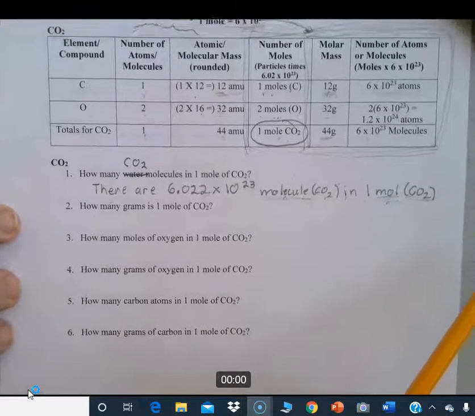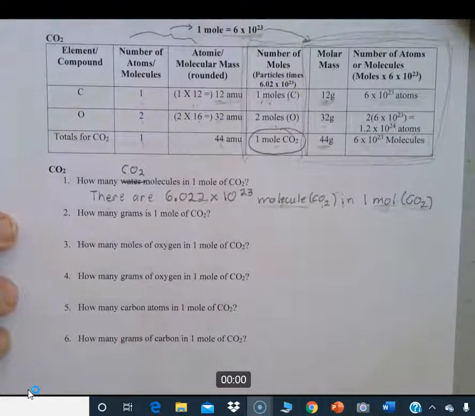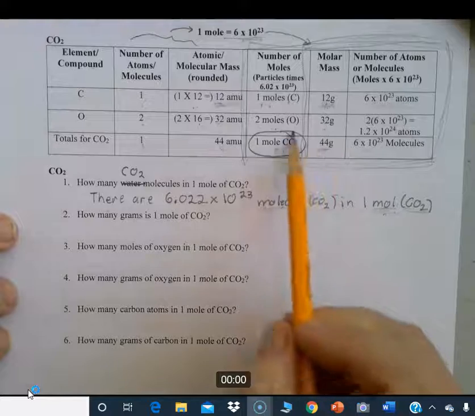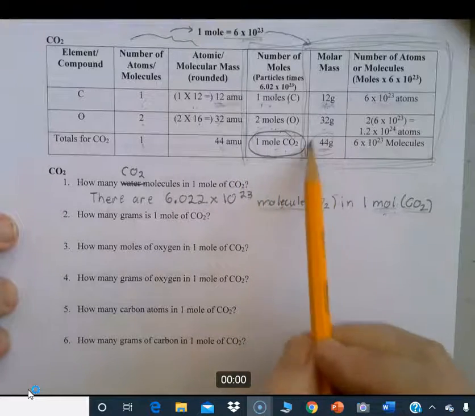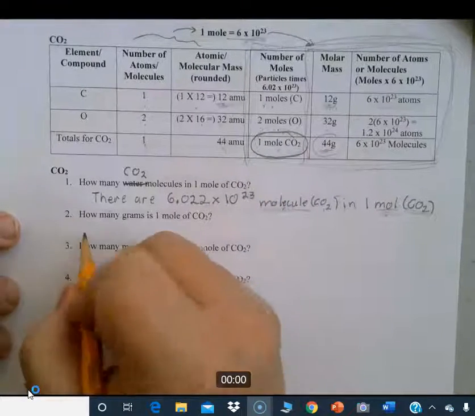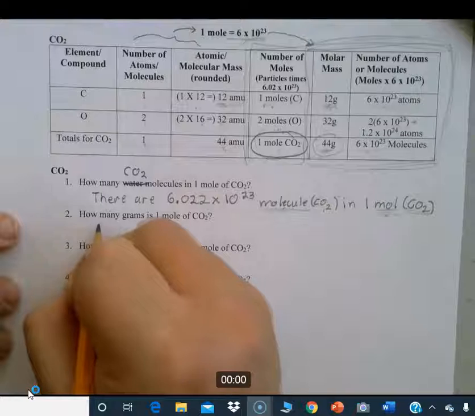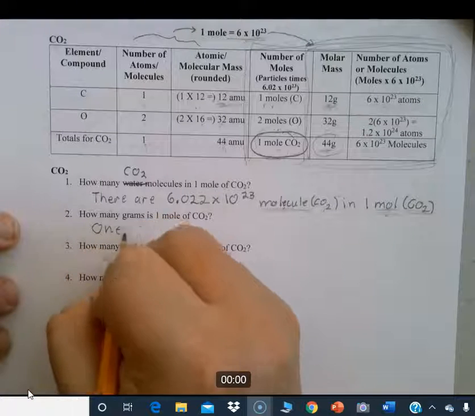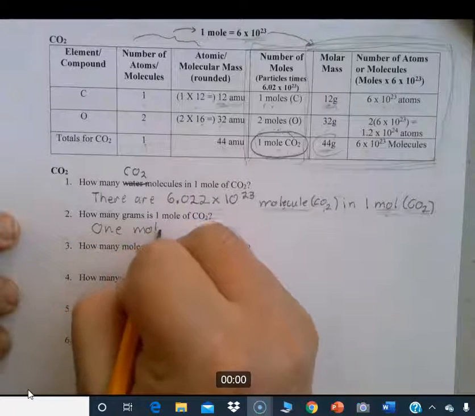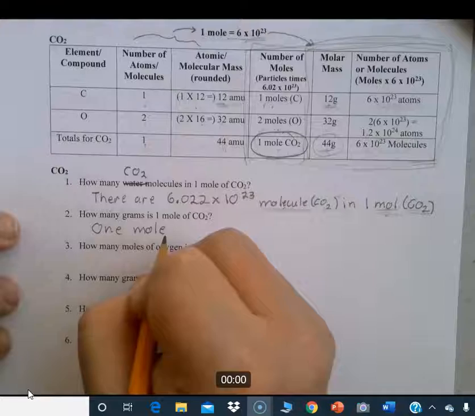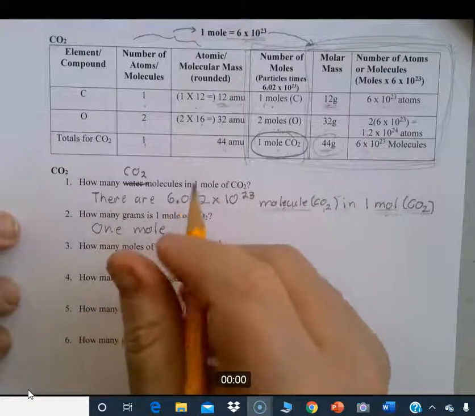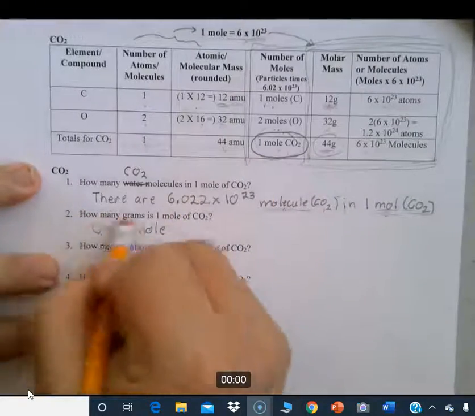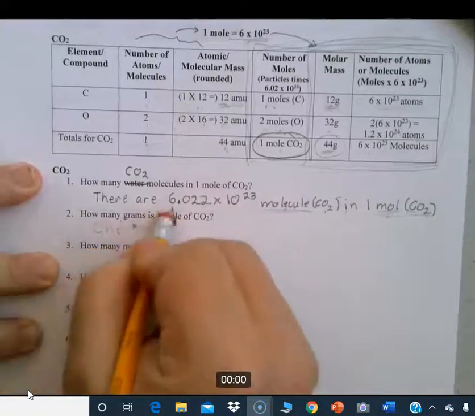Okay, let's move on. How many grams is 1 mole of CO2? So there's 1 mole, and we see that 1 mole is 44 grams. I'm actually going to write that differently.